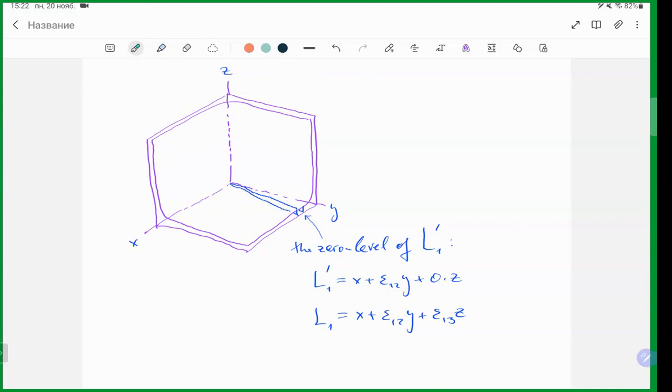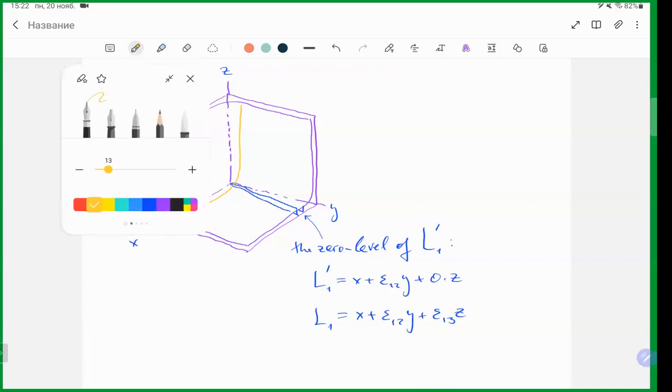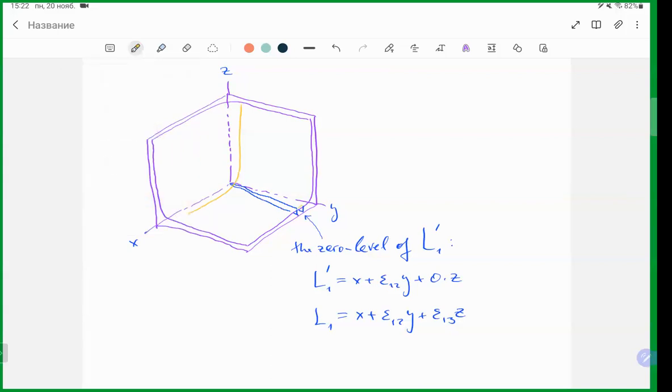We have this yellow line, and so here we have this yellow segment.